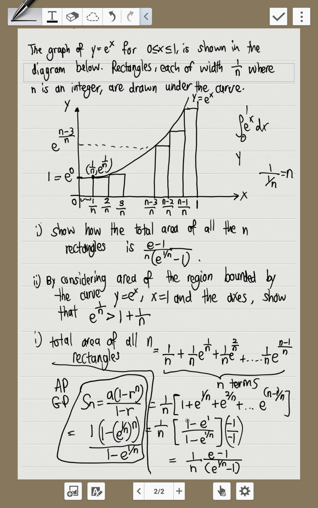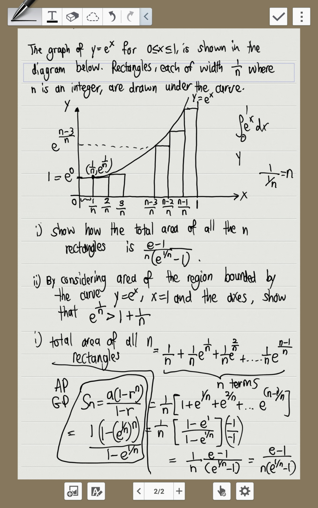So this is n multiplied to the bottom, e^(1/n) minus 1, and the top would be e minus 1. So I have managed to show that the total area of all the rectangles is this.